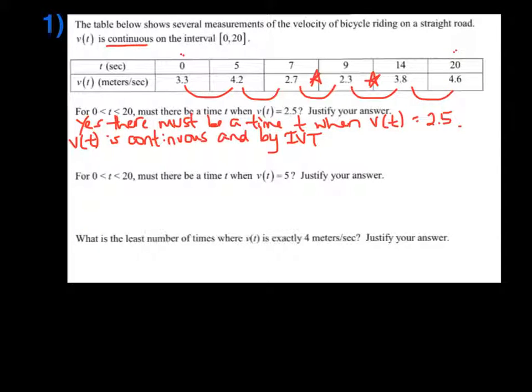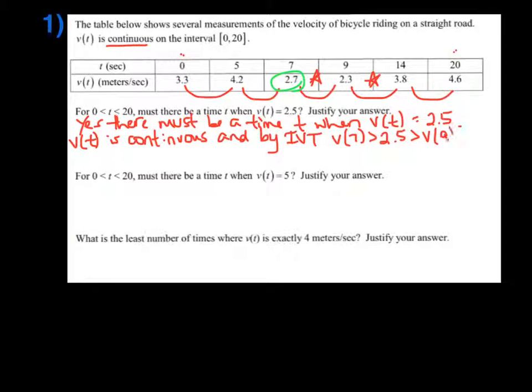And watch how we're going to do it. We're going to say v of 7, which we know is 2.7. Okay, so v of 7, 2.7, is bigger than 2.5, which is bigger than v of 9.